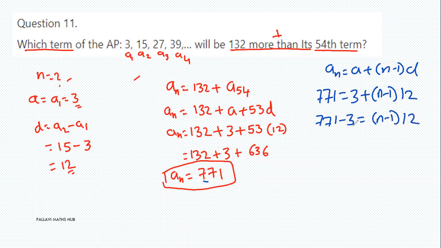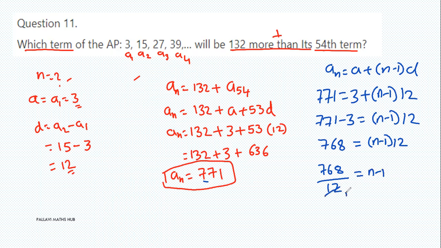Okay. 771 minus 3 is 768, which is equal to n minus 1 into 12. Divide this one: 768 divided by 12 is equal to n minus 1.